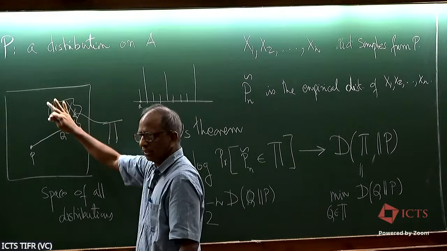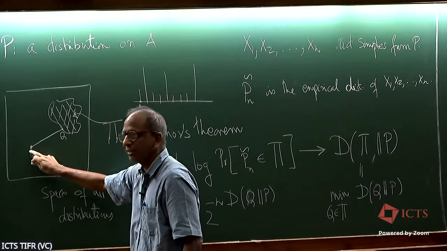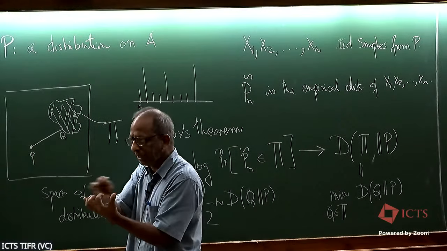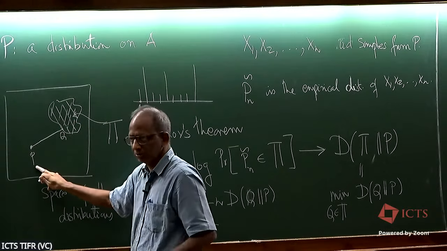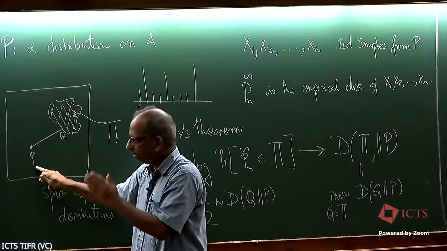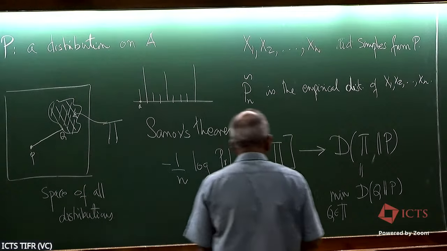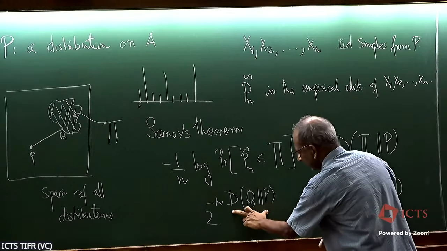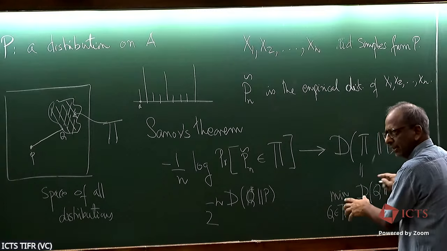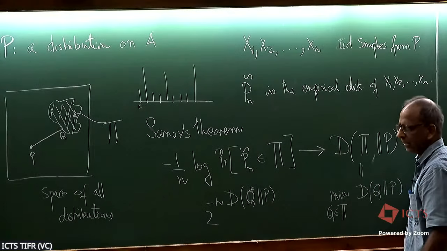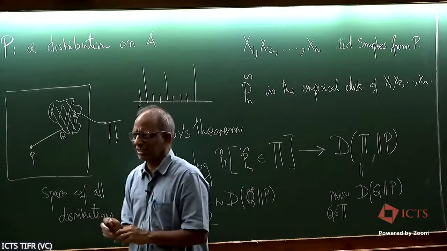If you have a set of distributions and you're drawing samples according to P, the probability that the sample will have empirical distribution lying in this set goes down exponentially with n. But the coefficient of that exponent is this, for the Q star that minimizes this, okay? There are some conditions needed on this Pi. I'm not writing them now, but this is the spirit, okay?